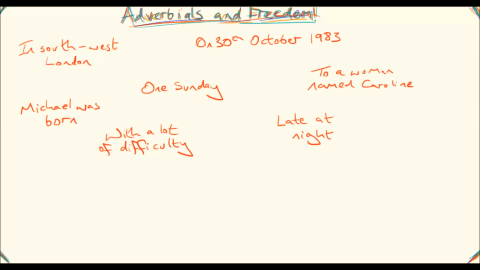Okay, so what do we have? In Southwest London on 30th of... Okay, we've got the various different phrases. I'm going to imagine that this is in class and that people are shouting out answers. So let's imagine that someone said, number one, on 30th of October 1983, one Sunday, late at night. Let's get all those times together.